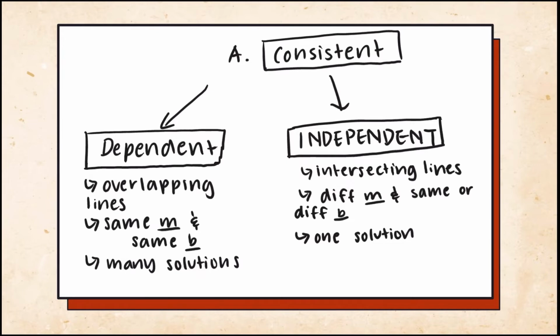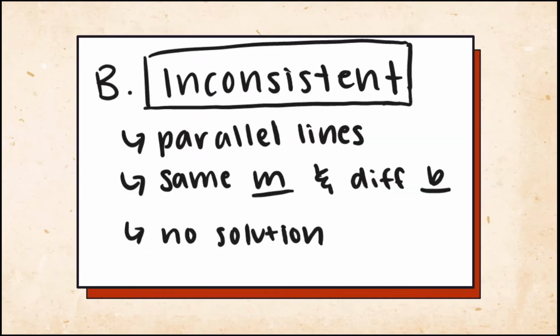However, independent has intersecting lines, different slope, and can have the same or different y-intercept and has only one solution. What about inconsistent? Inconsistent has parallel lines, the same slope and different y-intercepts, and no solution.